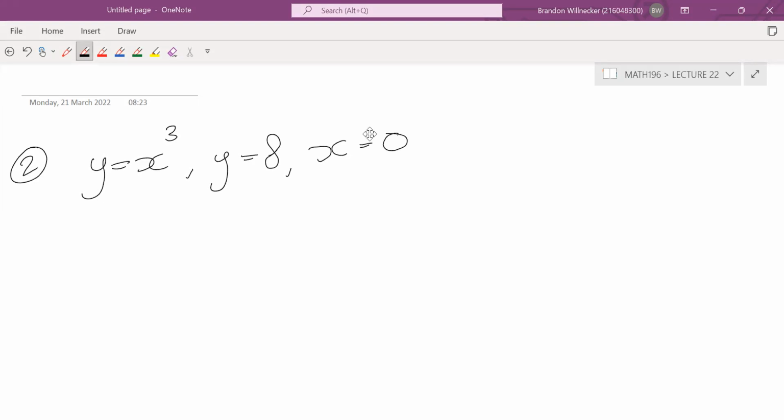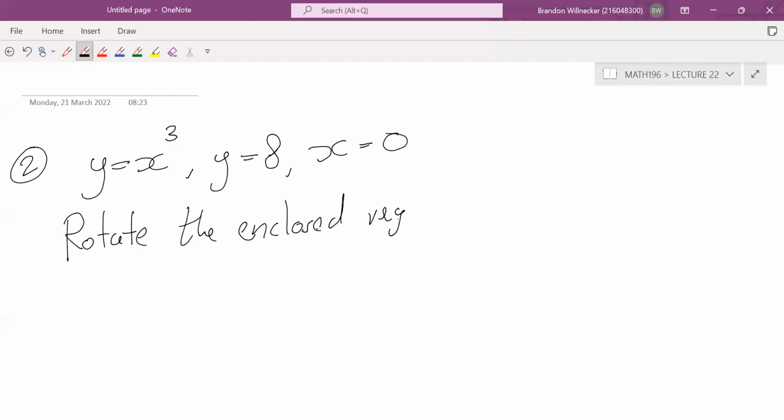The enclosed region gives us some area, and we're going to rotate this about the y-axis. So rotate the enclosed region about the y-axis. Okay, and we need to find the volume.